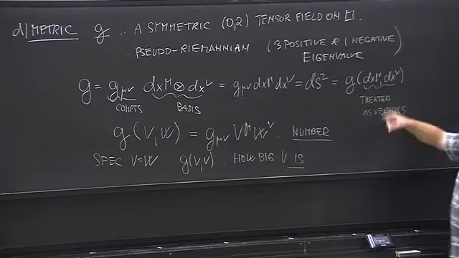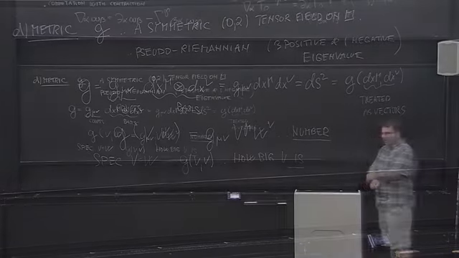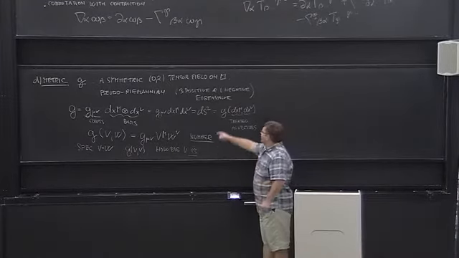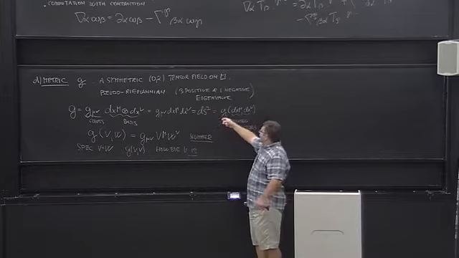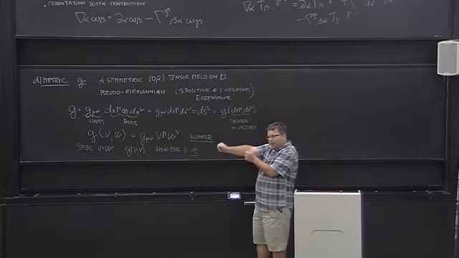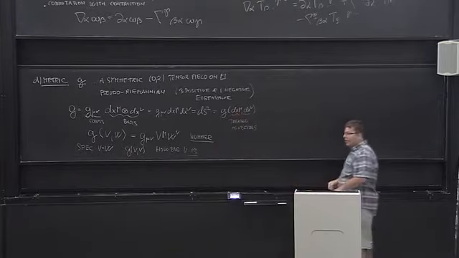And then it tells me how big these vectors are. So this tells me how to measure distances in the space-time. That's this interpretation of ds squared: how big is this infinitesimal distance if I move dx^mu in the space-time, where dx^mu is now treated as a vector. Okay?